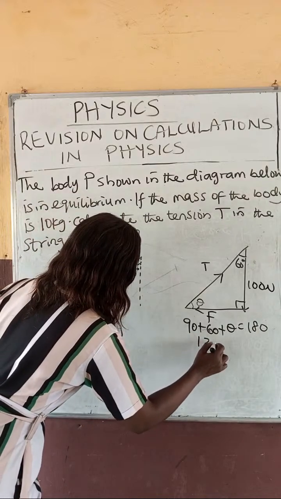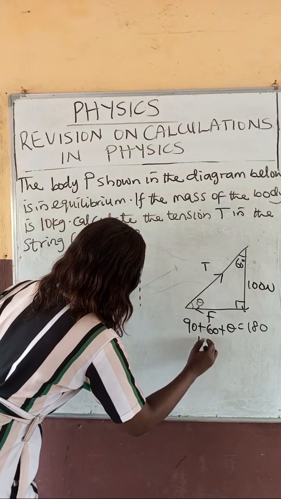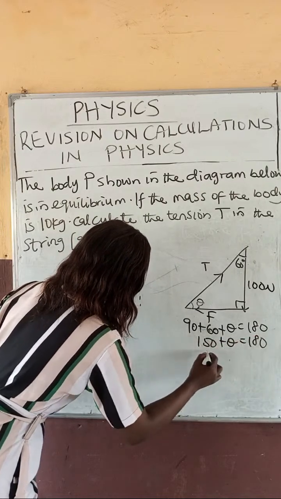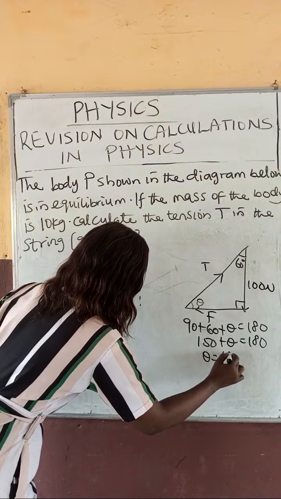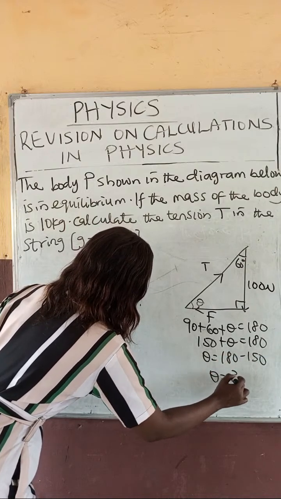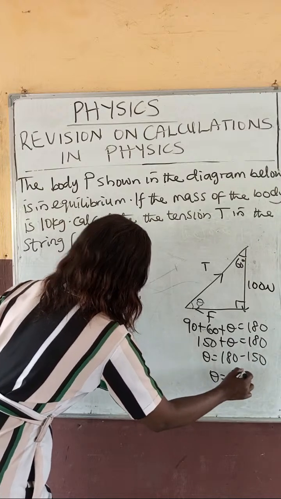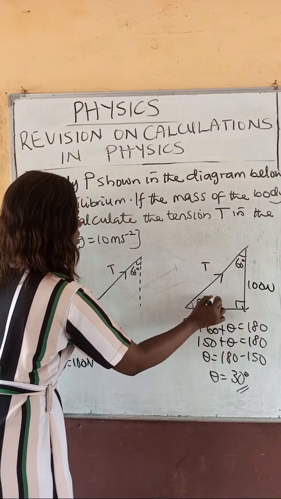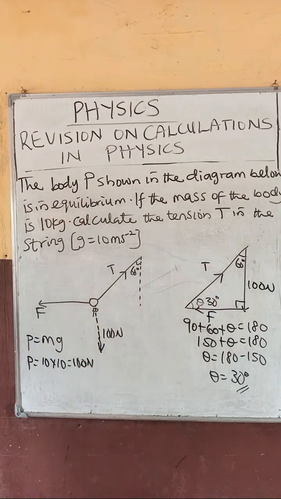I have 150 plus theta is equal to 180, so theta is 180 minus 150. Theta is equal to 30 degrees. Do you understand? Right. So I can clean and complete the question.